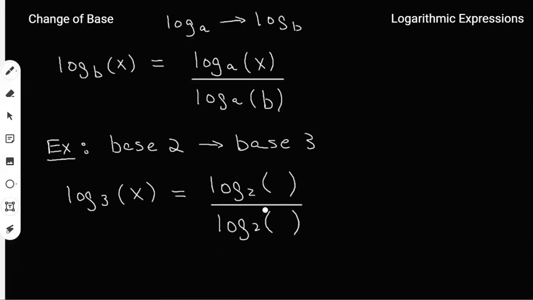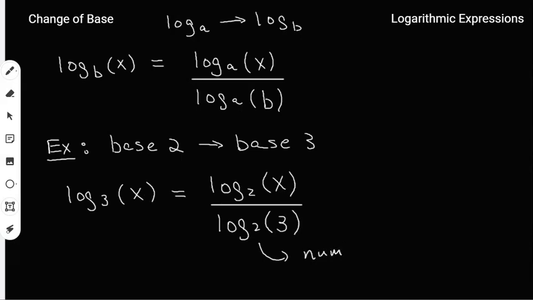Okay, so what's going to go inside here? The x is going to go inside there on the top. And then on the bottom, what's going to go inside this parentheses? It's going to be the 3, the new base. And then I would calculate whatever that would be. Now, the bottom is actually going to be a number.